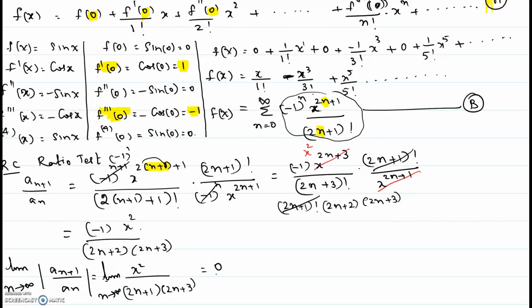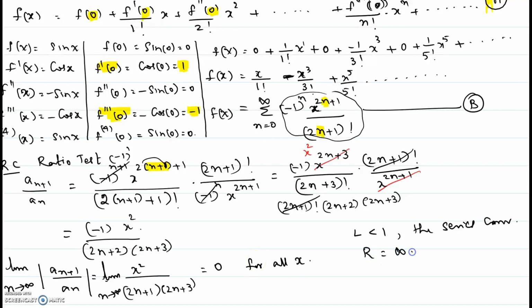This is equal to 0 for all x. According to the ratio test, if the limit is less than 1, then the series converges. But we know the limit is equal to 0 for all values of x. So for all values of x, the series converges.